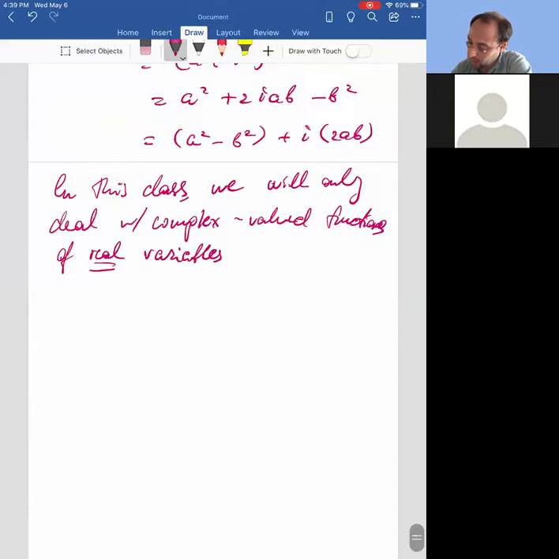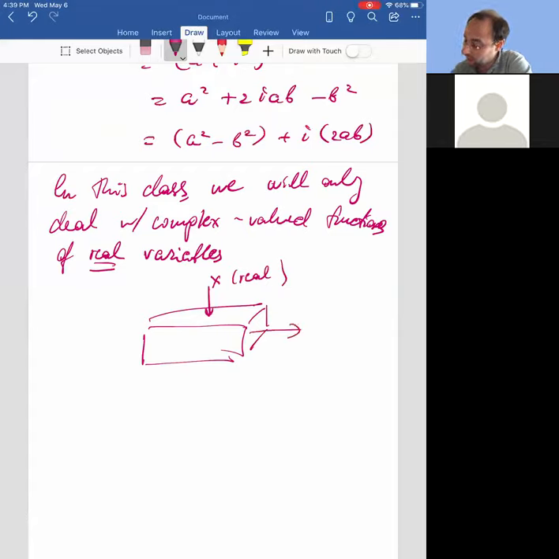Okay, so you have some kind of a function. You put an x into it, real, like position, and it spits out f of x, which is complex.